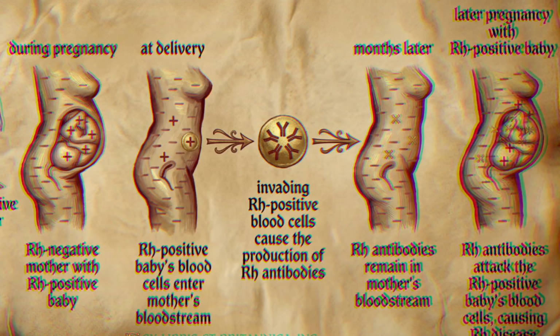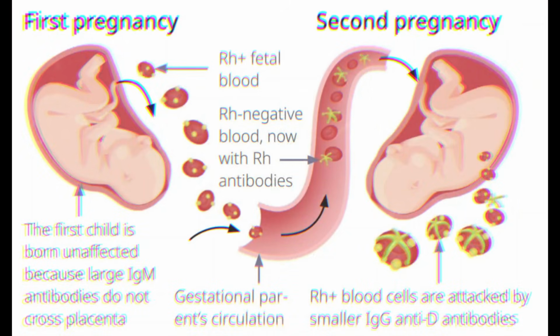In every Rh positive pregnancy that followed, her antibodies could cross the placenta and attack the baby's red blood cells, destroying them faster than the child could make new ones. Anemia, fetal death, miscarriage after miscarriage, each one more dangerous to the dynasty than the last.